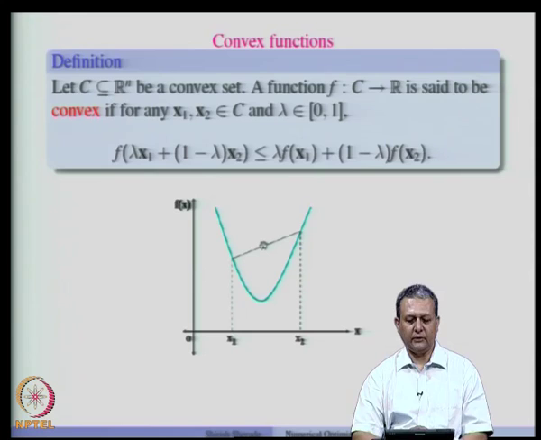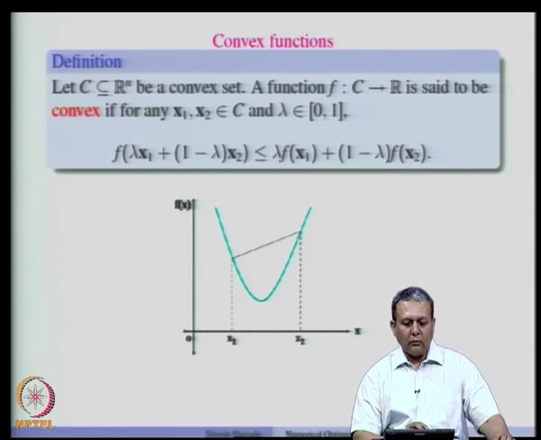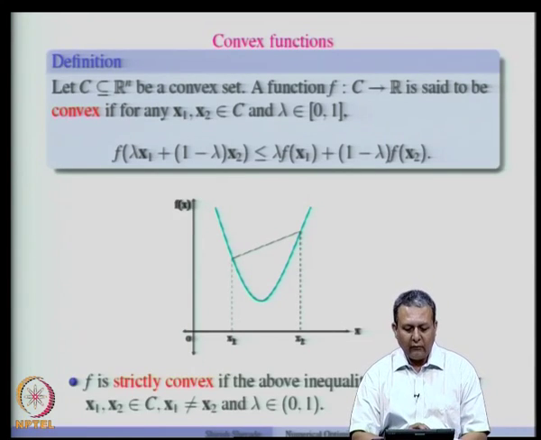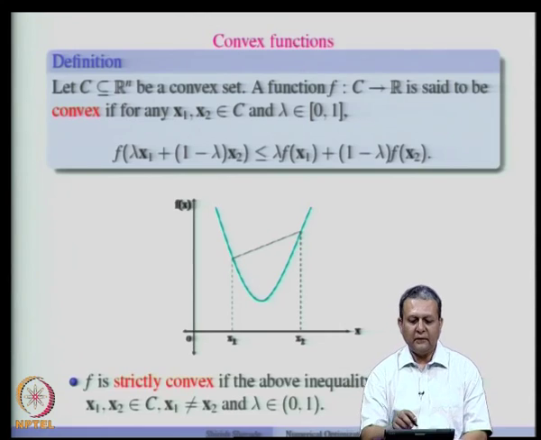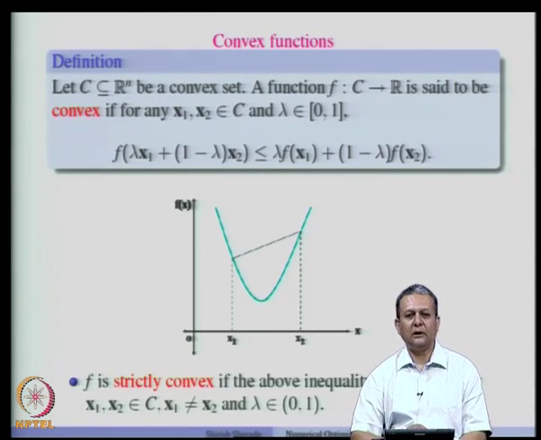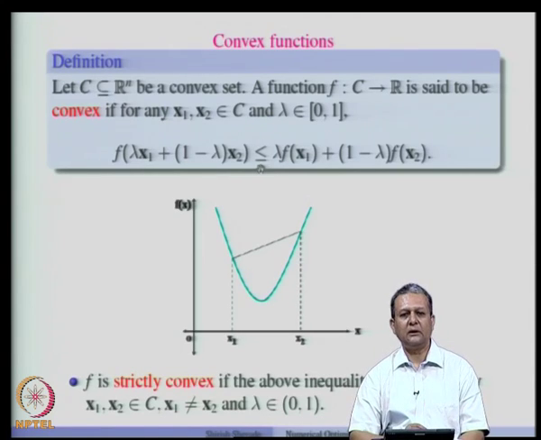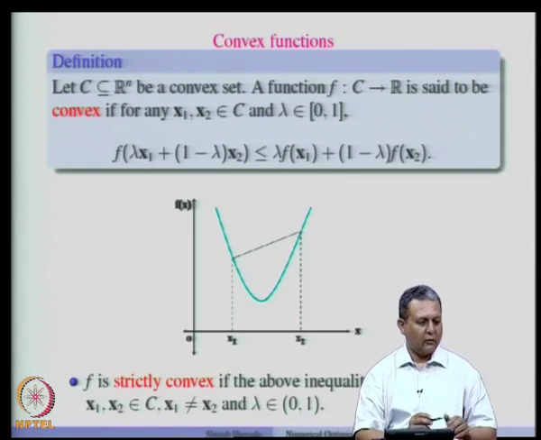Now, a function is strictly convex if this inequality is strict for any 2 distinct x1 and x2 in the set C and lambda in the open interval 0 to 1. So, if this inequality is strict, then the function is said to be strictly convex.